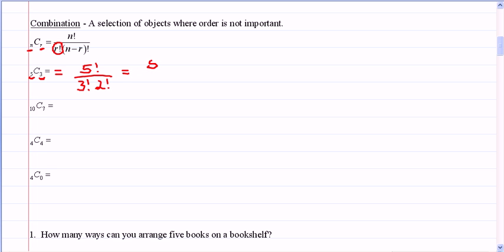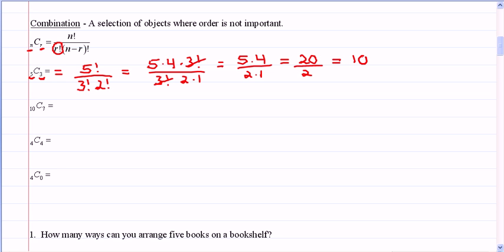So I expand the numerator of 5 factorial and stop when I get to 3 factorial, and I leave my 3 factorial, the larger one, so that these cancel. And I'm left with 5 times 4 over 2 times 1, which is 20 over 2, is equal to 10. So always expand your numerator and stop at the larger number that's in the denominator.